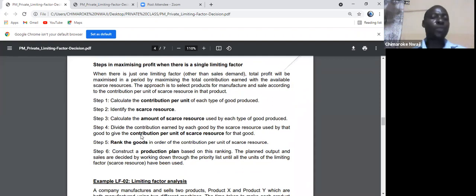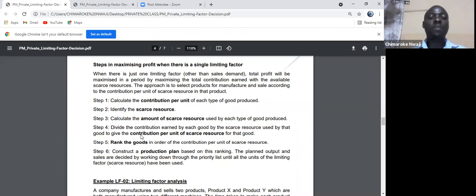Always look for the contribution per unit of each of the goods or types of products. Secondly, identify the scarce resource in the question. Thirdly, look for the amount of the scarce resource per unit. It may be given to you, it may not. You need to find it.